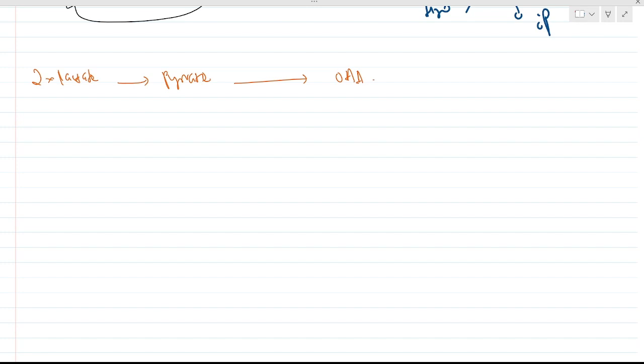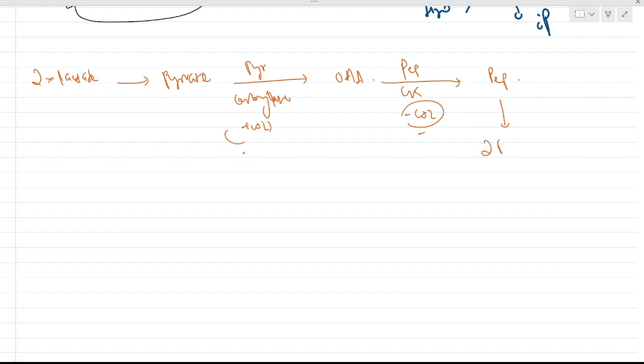Pyruvate carboxylase, which requires biotin for addition of carbon dioxide. Now this oxaloacetate is converted to our all-important PEP by the all-important enzyme PEP carboxykinase. Removal of CO2 here, whereas here it was addition. Both require biotin.